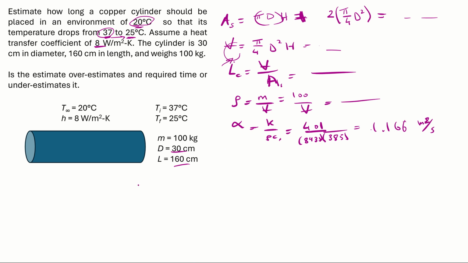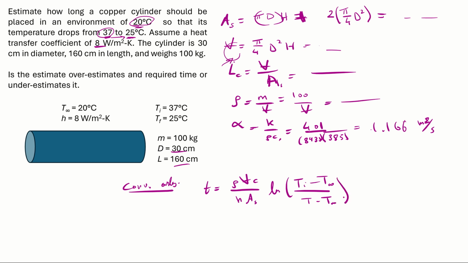And then for convection only, you have time as rho C V divided by hA for the surface area, times the natural log of Ti minus T infinity over T minus T infinity. I think this is equation 5 in your book, in my book at least. You just substitute and get the answer.